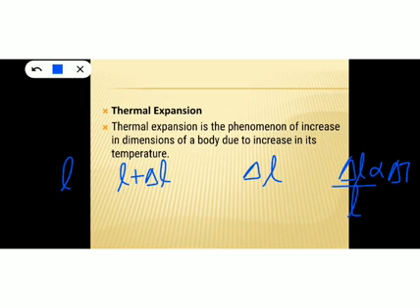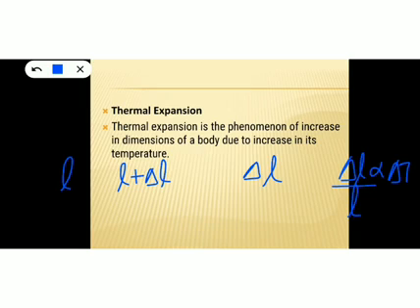The fractional change in any dimension, let it be length, area or volume, will be proportional to the change in temperature. The corresponding proportionality constant is called the coefficient of thermal expansion or thermal expansivity. So thermal expansion can be defined as the ratio of increase in dimension of a body to the increase in its temperature.